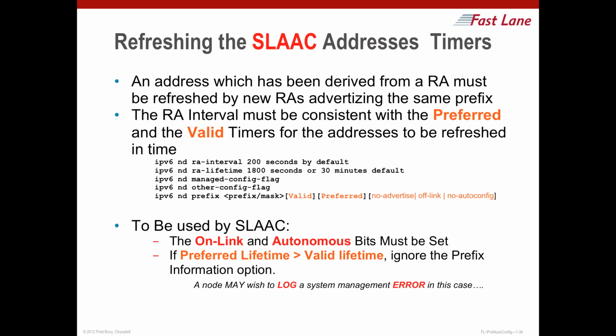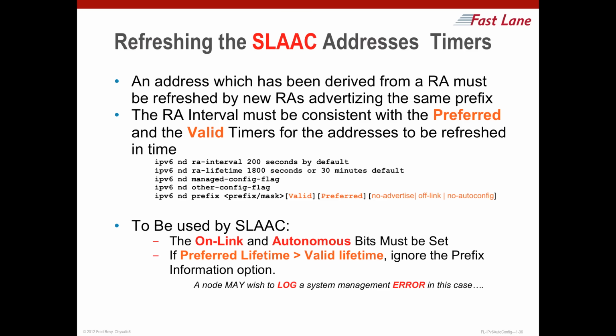So remember that to be used by stateless address autoconfiguration, the onlink and the autonomous bit flags must be set. Same if you want the prefix to refresh the address, the preferred lifetime cannot be bigger than the valid lifetime.